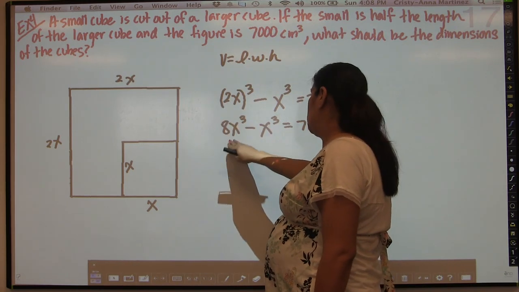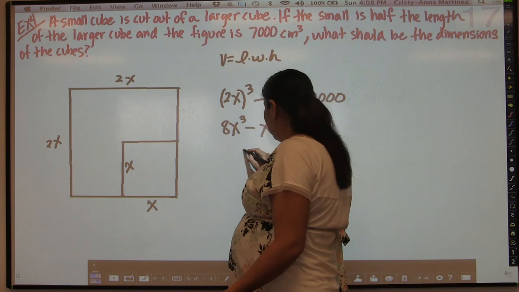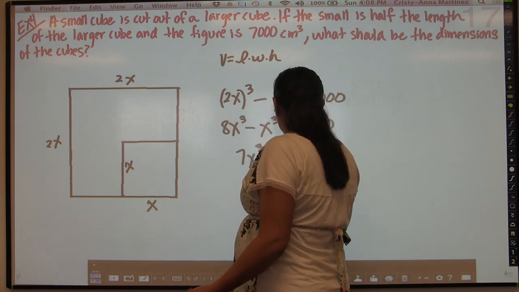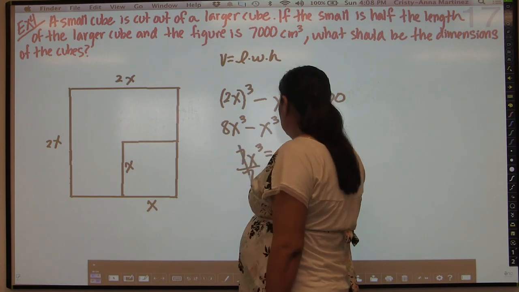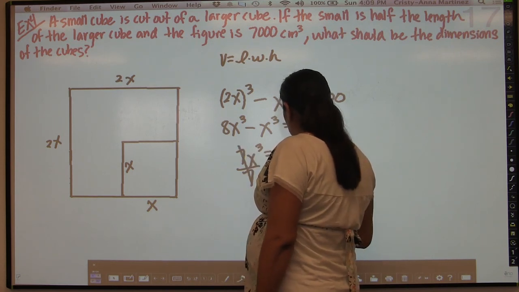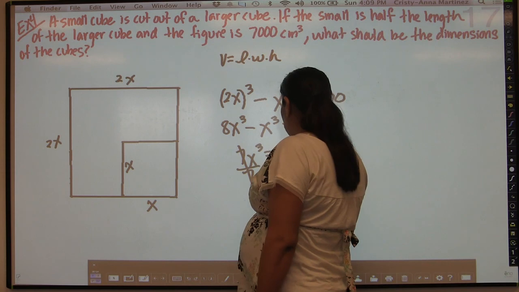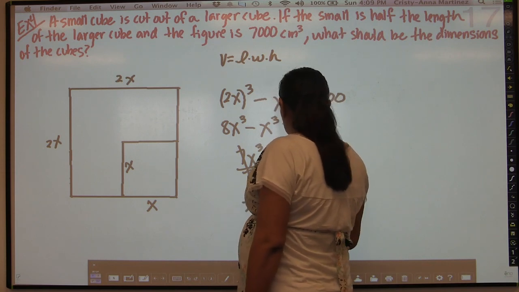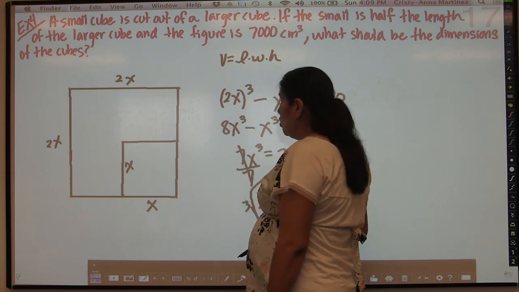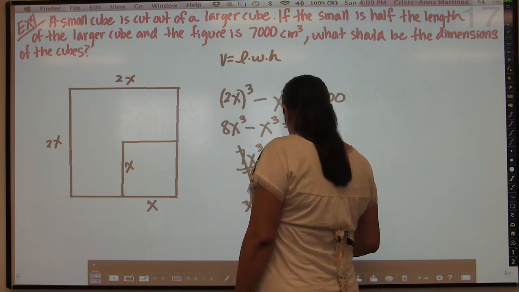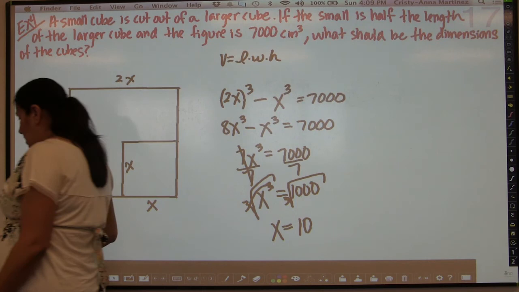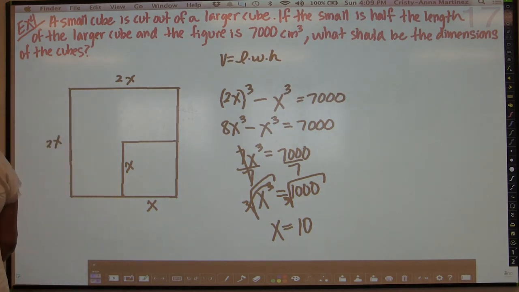And when you go 8x cubed minus x cubed, that gives you only 7x cubed, which equals 7,000. You can divide by 7 on both sides. And then you can take the cube root, not the square root, the cube root of both sides, and you'll get that x is equal to 10. All right, so that is how you do that little guy.